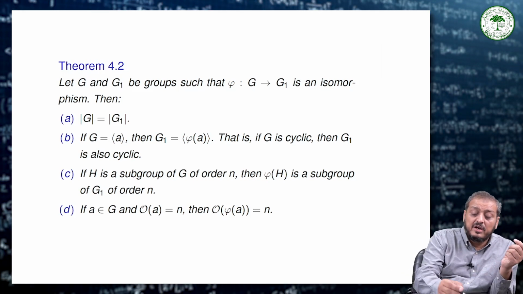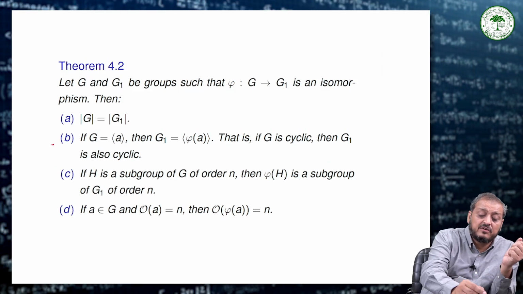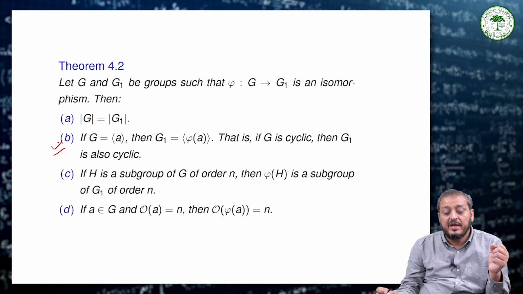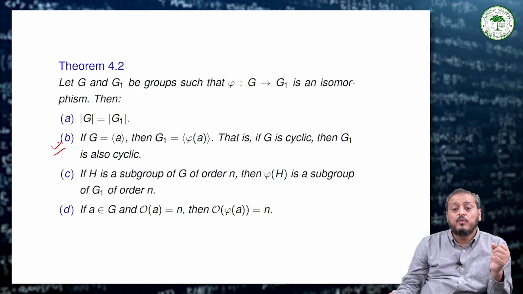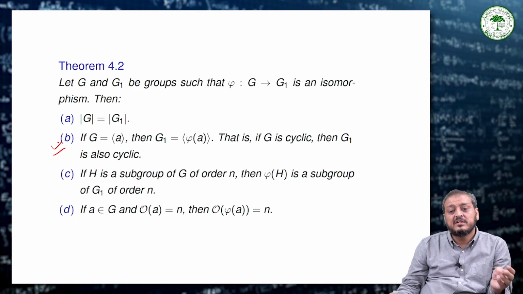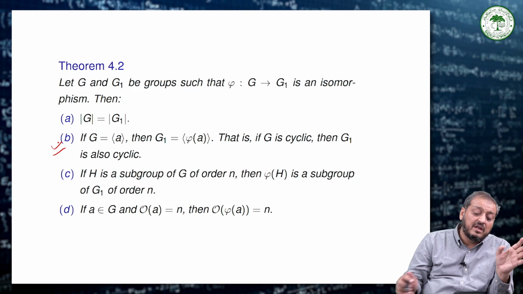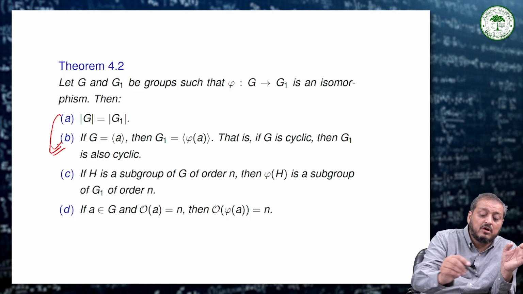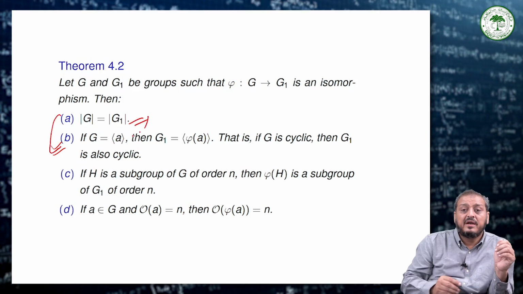I already proved this result in the case of a group homomorphism: if G is cyclic, then G1 is also cyclic. These two proofs are trivial by the definition.